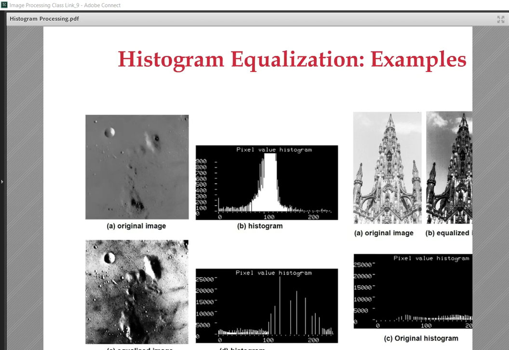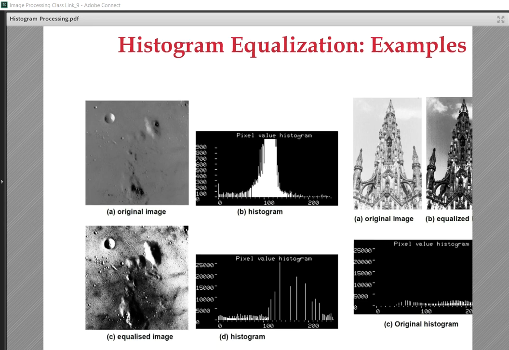The enhanced version has a full range from 0 to 255, and is somewhat flattened compared to this one, not totally flat. And you see this image is much better than this image, with more contrast and brightness.